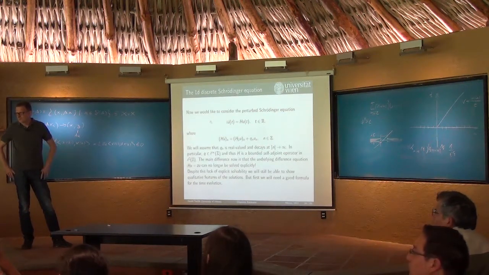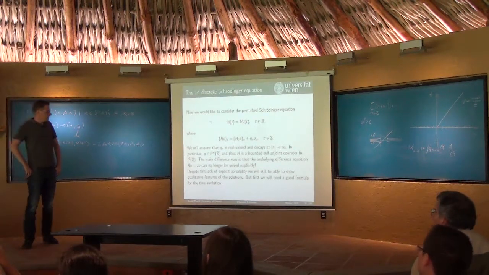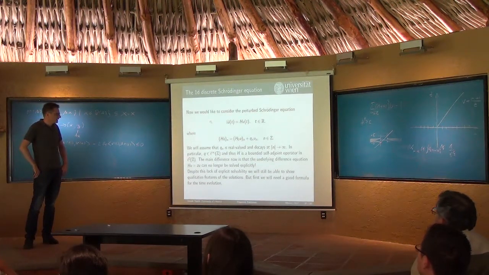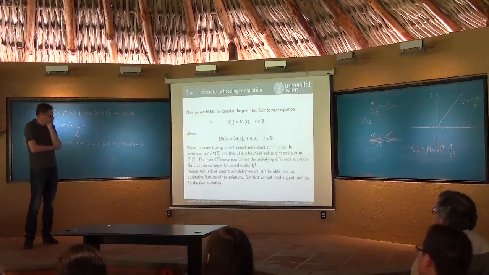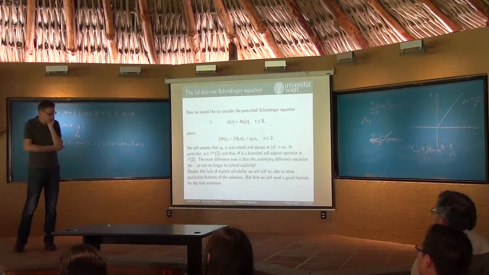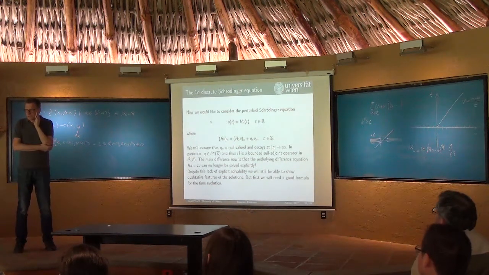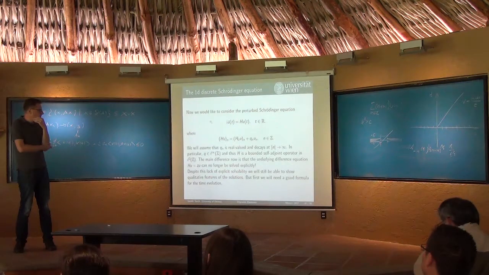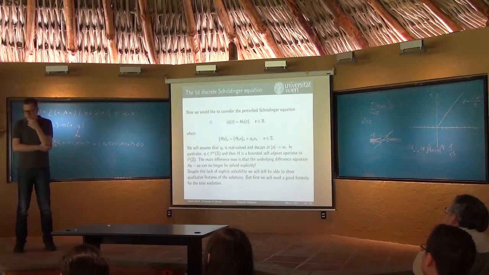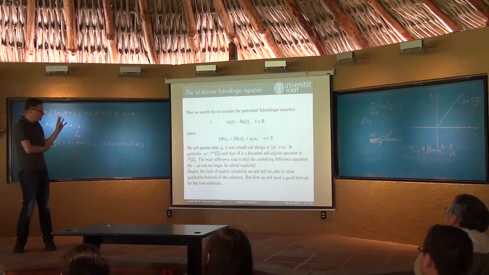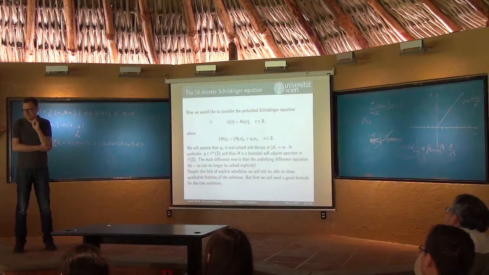For 2 and 3 dimensions, could it also be possible to fix it? In the unperturbed case, I don't know if there is a good expression for the time evolution. I mean, there should be, because you can do the Fourier transform, but I don't think it has been done, though it should be doable. If you add a perturbation, then things get more difficult.